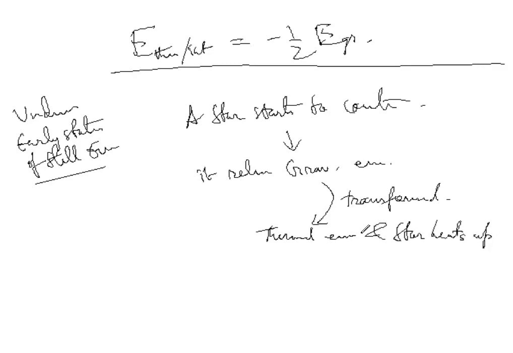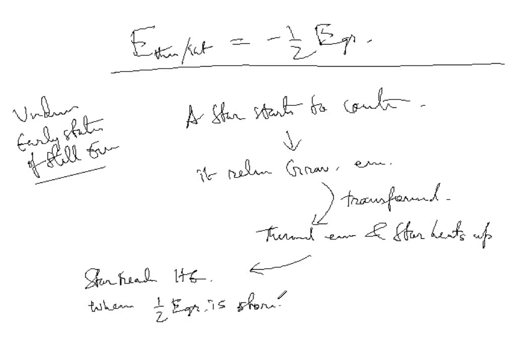As a result, the star reaches hydrostatic equilibrium when one half of the released gravitational energy, that means one half of E gravitation, is stored as thermal energy. Now what happens if more than one half of the gravitational energy were stored as thermal energy? Then the star would be too hot in the interior.